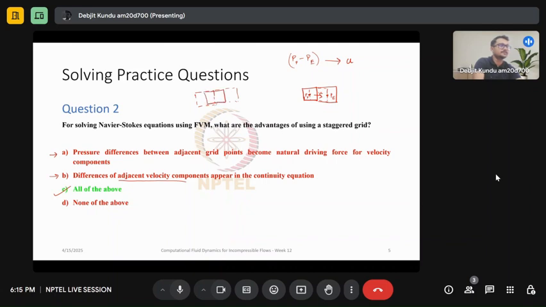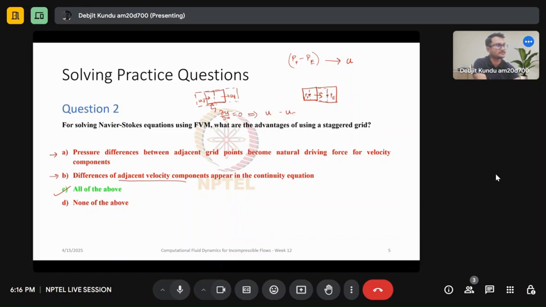We are trying to find out the continuity of this cell over here. There is a U coming in over here, and there is a U going out through that side. So in this case, the continuity equation will have U_P minus U_E. Sorry, this will be small letters.